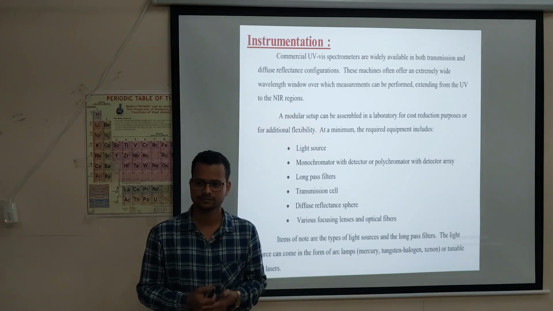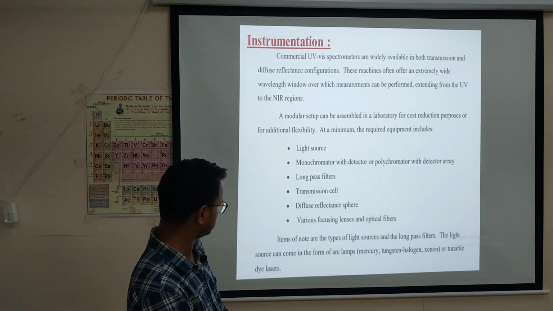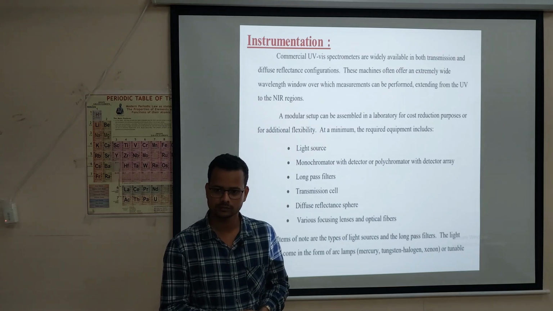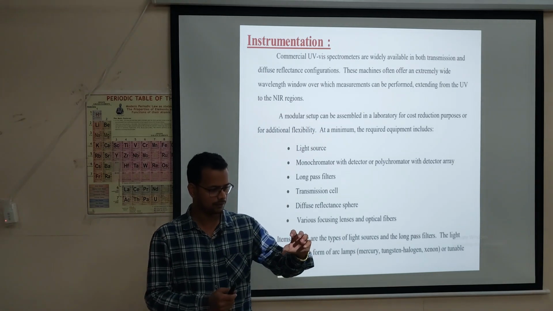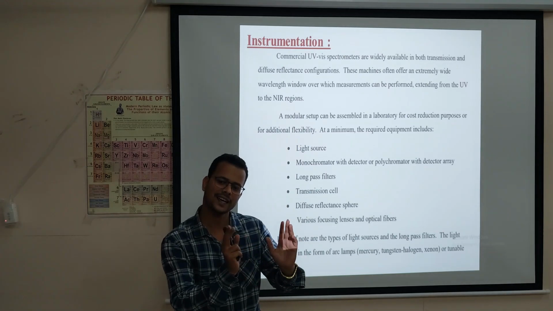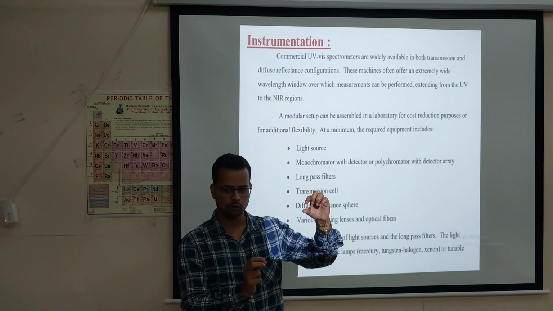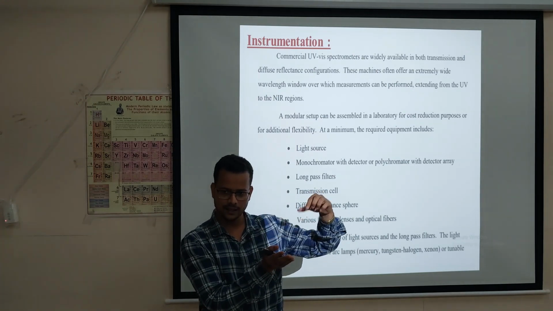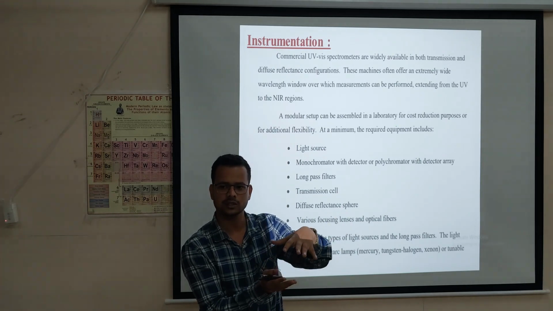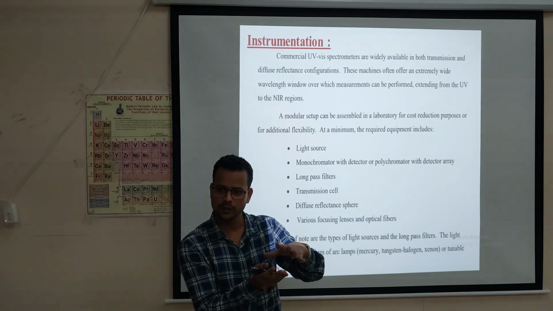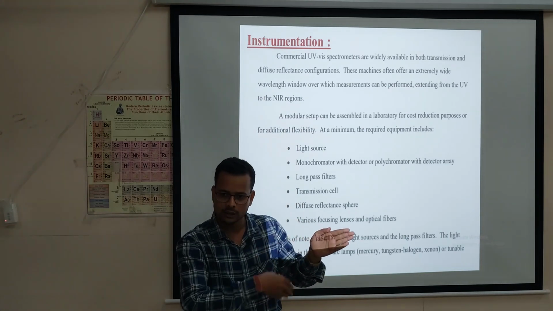Diffuse reflectance sphere. Sphere means it will be spherical. It is like a chamber through which all the reflections can be collected. Assume a spherical body that has one hole. The sample is there and light strikes the sample. As I already told you, light will be reflected in different directions. If you just take a 2D slide, it cannot collect all the reflections.